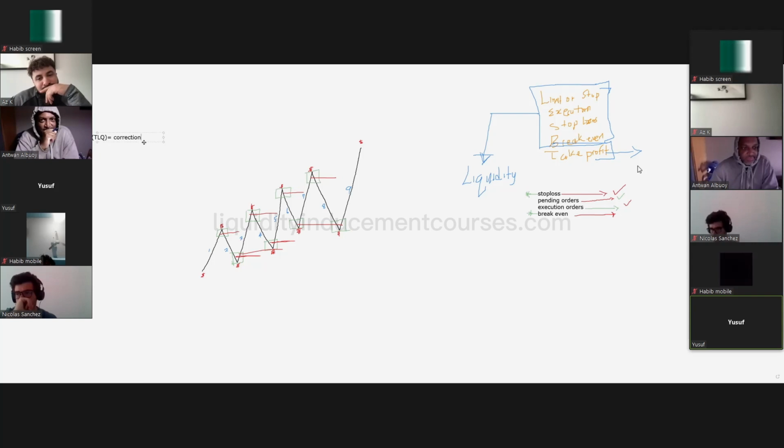The second type of liquidity is structural liquidity, and that is the liquidity for continuation, which is popularly known in the community, we must have noticed, as the last high before the main high, or the last low before the main low.